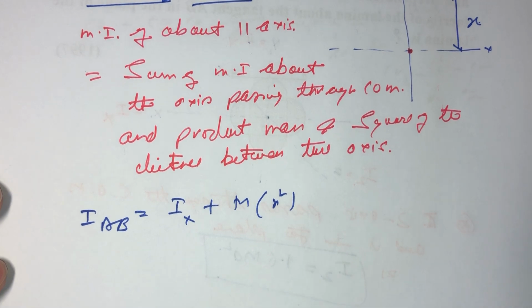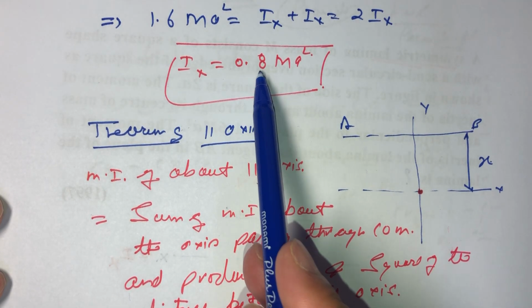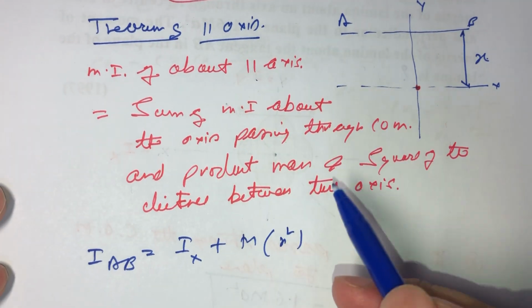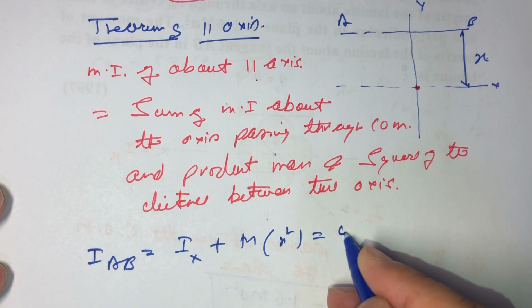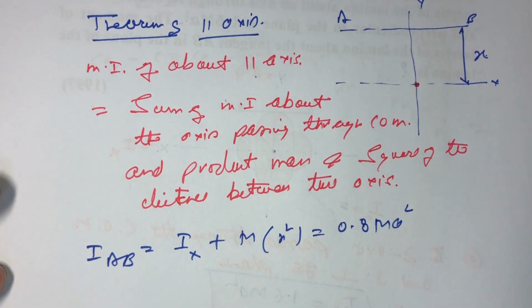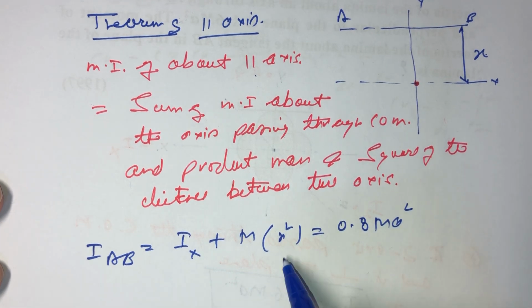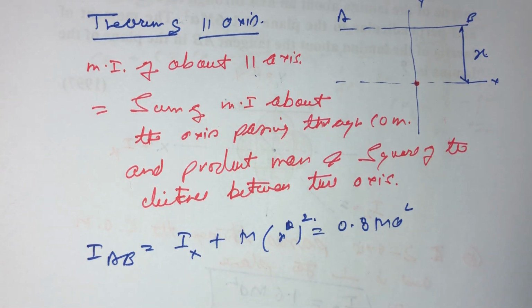And we already know that our Ix is 0.8 ma square. So here we write 0.8 ma square, and now let us find out what will be our x. Let me write this way.